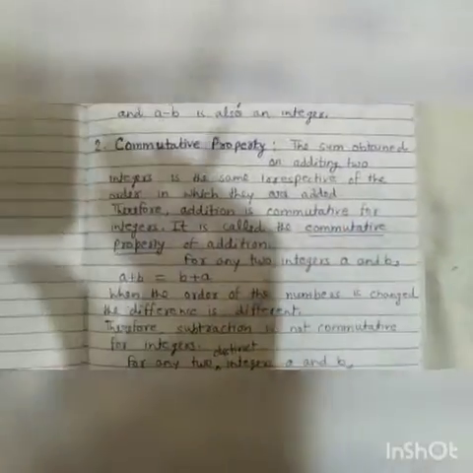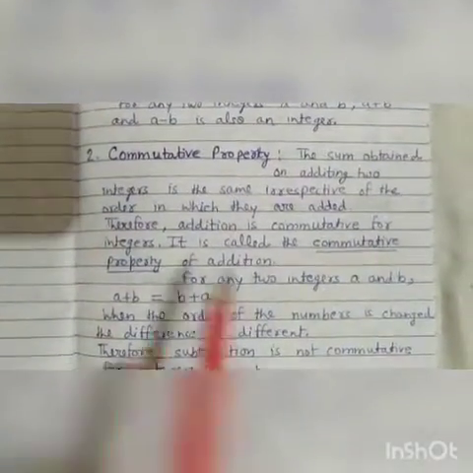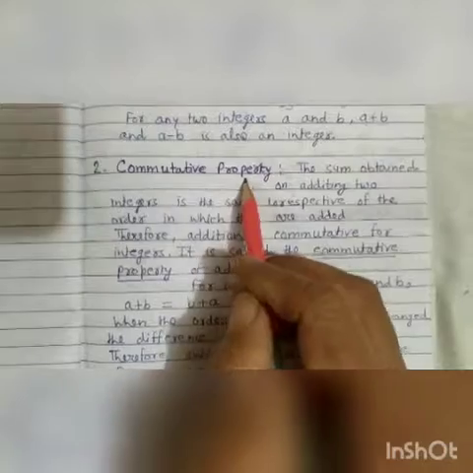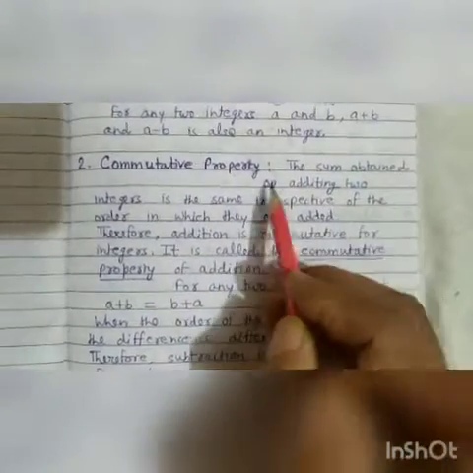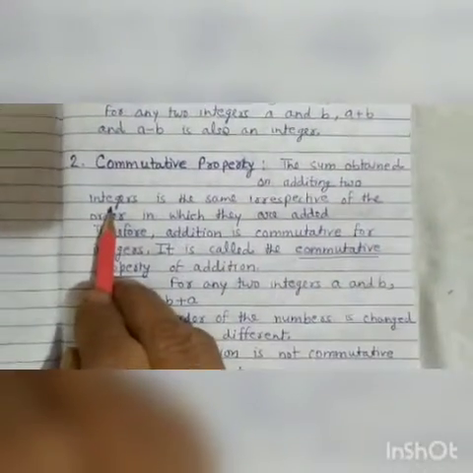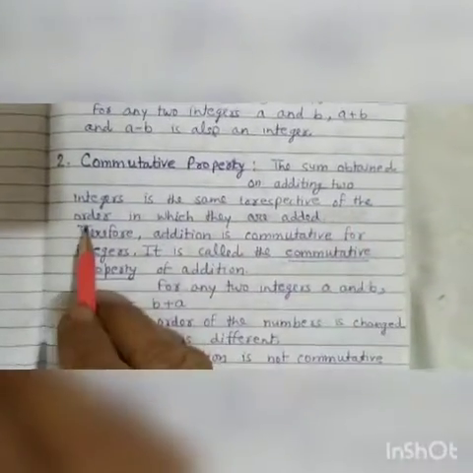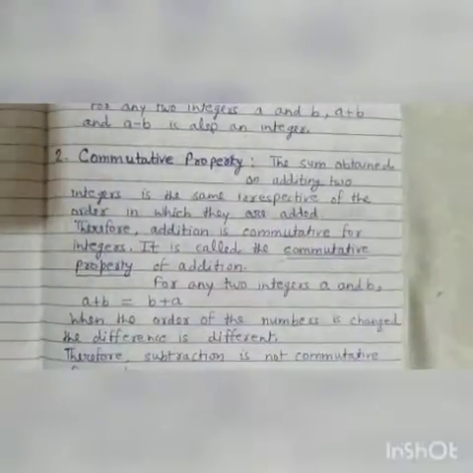Next, number 2 is commutative property. What is commutative property? The sum obtained on adding two integers is the same irrespective of the order in which they are added.